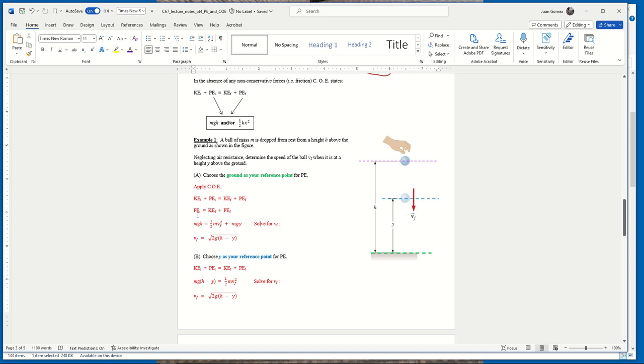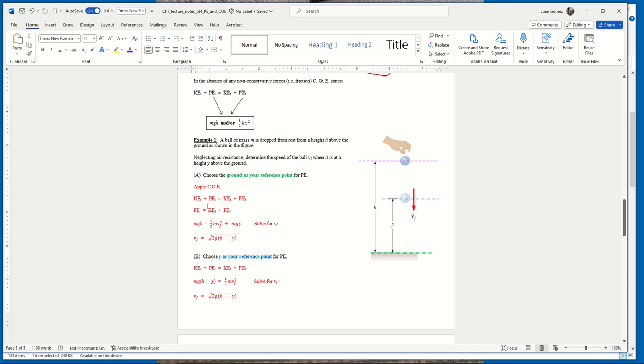KE initial is 0, so I have PE initial equals KE final plus PE final. Remember, in part A, the ground is the reference point. So the initial potential energy is mgh because initially it is at a height of h above the reference point. We're using the green as our reference point, so its potential energy is positive because it starts off above the reference point.